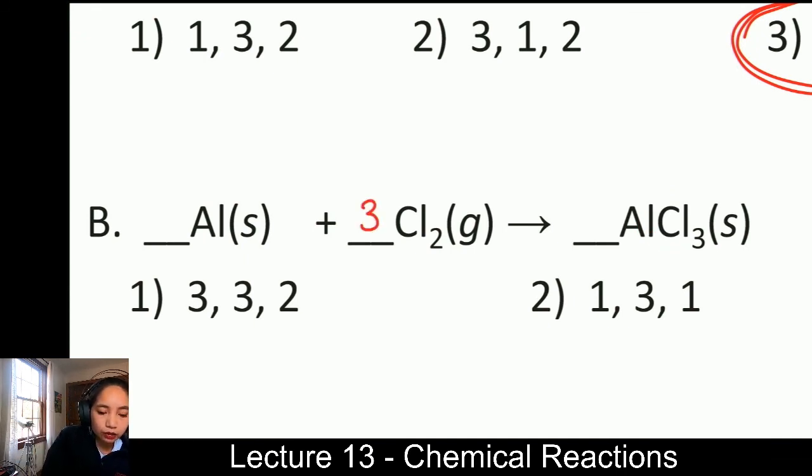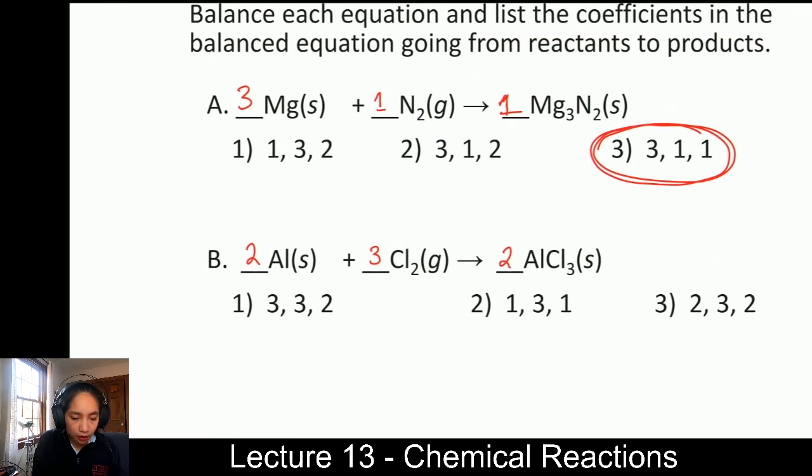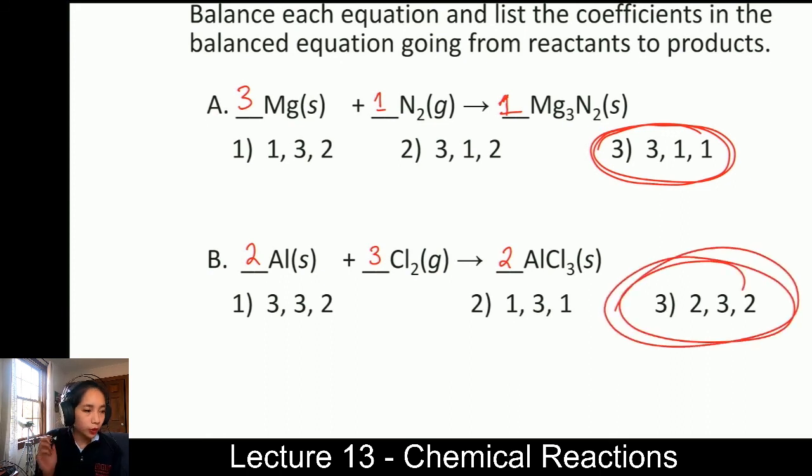So 3 chlorine Cl2s, so there's a total of 6 there, and then 2 aluminum chlorides, so then there's 6 chlorides in our product. But now that I've changed the number of chlorides, I've also changed the number of aluminums, so I'm going to stick a 2 in front of my aluminum reactant. So now everything is balanced, and what's the answer here? 2, 3, 2, so it's the third one as well.